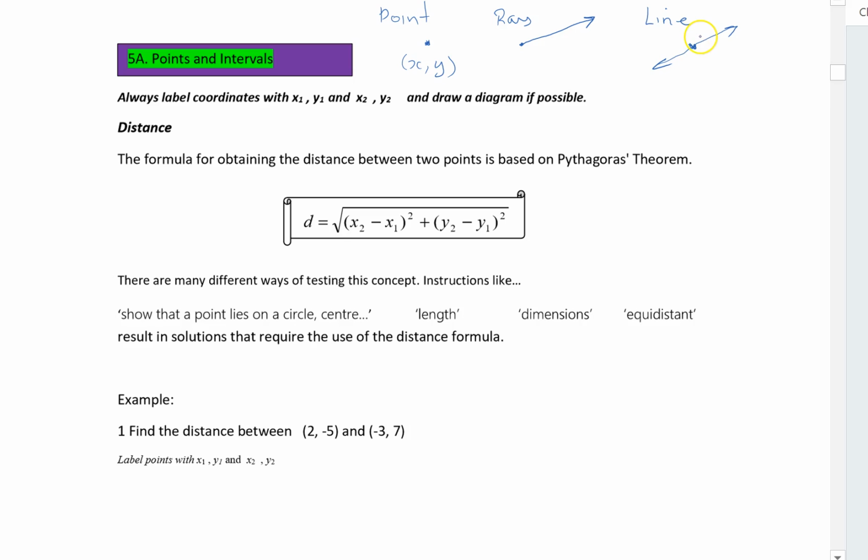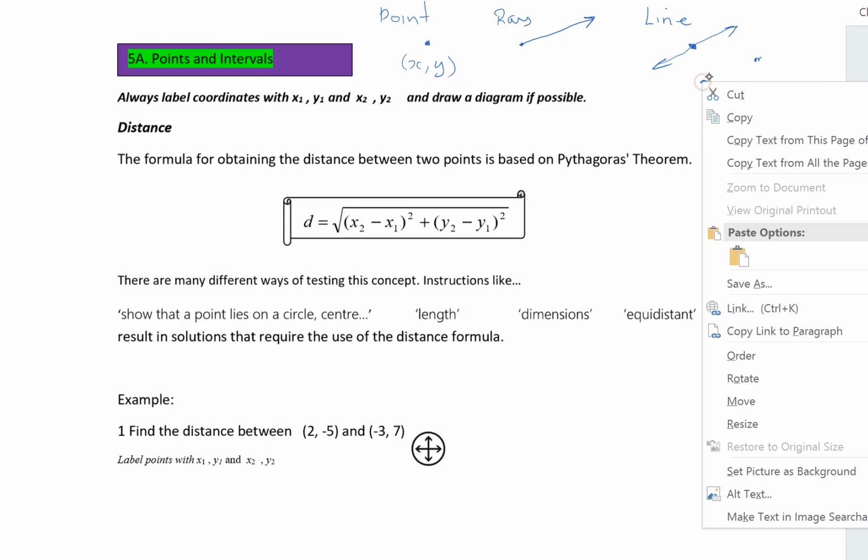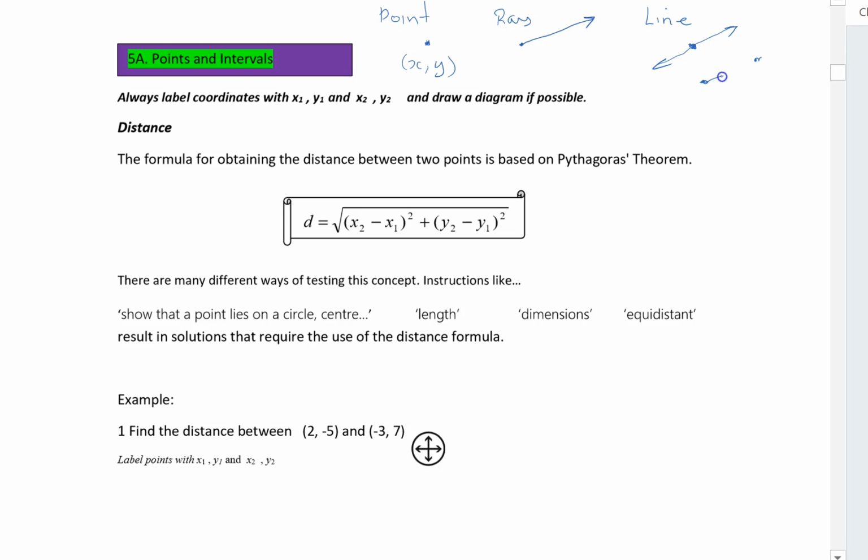That's what a line is defined as. Then we have the concept of an interval, with a definite starting point and a finishing point. And this is often where our x1, y1 and x2, y2 come in, because this is an interval.